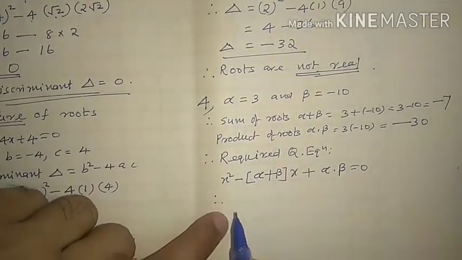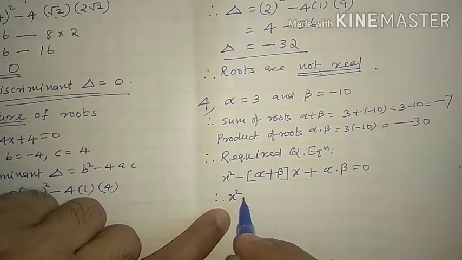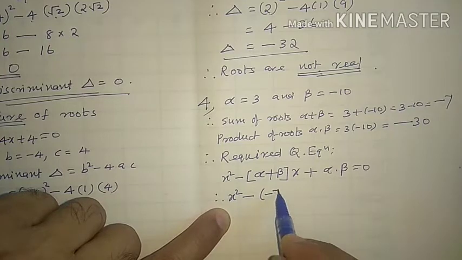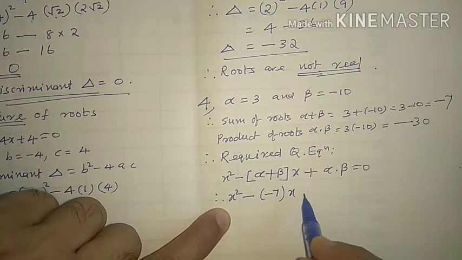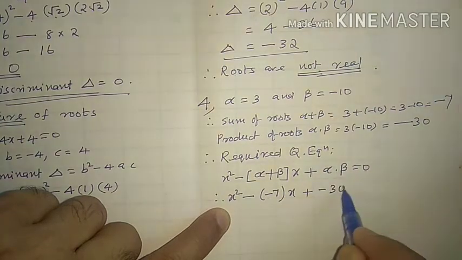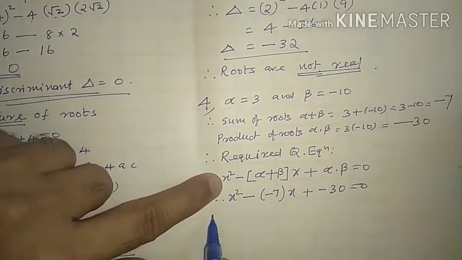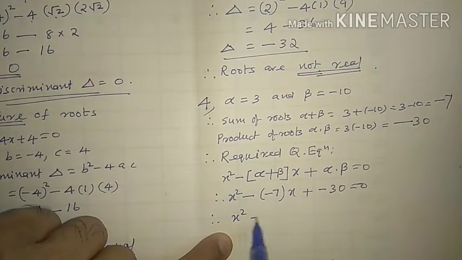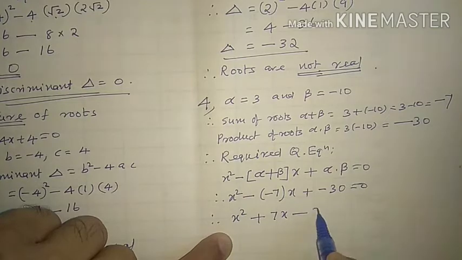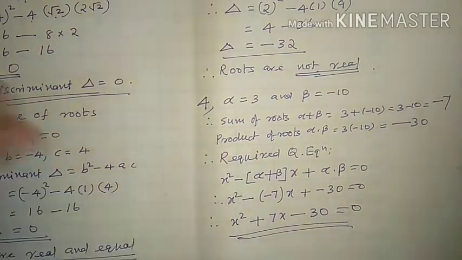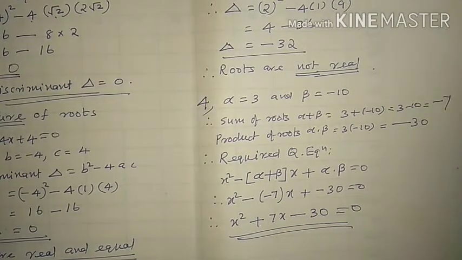Therefore, it is x square minus (minus 7) into x plus (minus 30) equal to 0. So x square plus 7x minus 30 equal to 0. This is the quadratic equation.